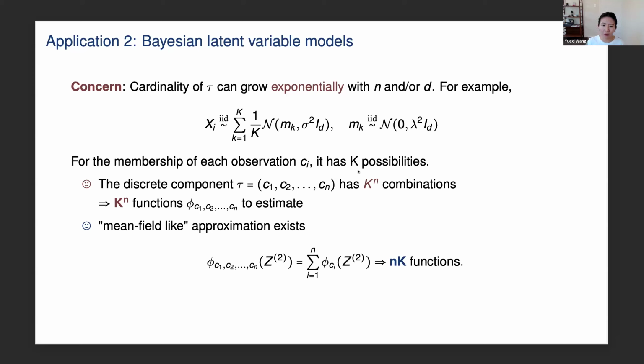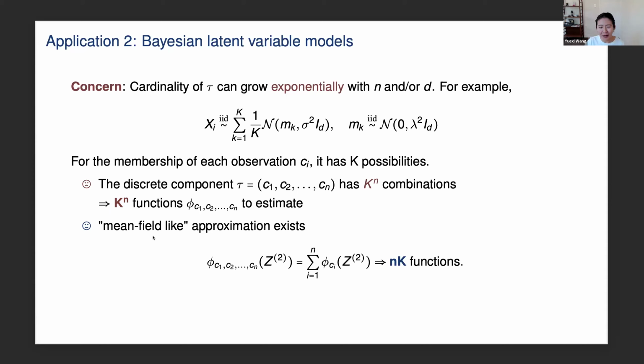For each observation, it can belong to one of the k clusters. So if my discrete component tau is trying to keep track of everyone's membership, the memberships of n observations, these components will have k to the power of n combinations. And for my previous implementation, I need to estimate one OT map for every combination. So I would need to estimate k to the power of n of these convex functions.